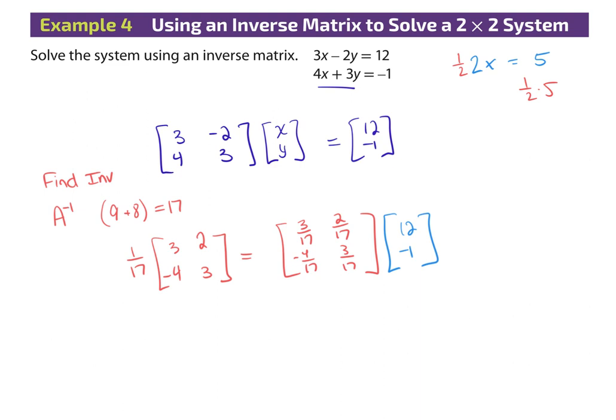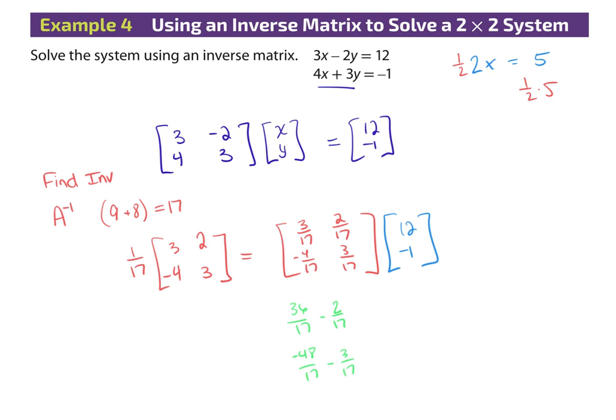So we're going to do row by column here, right? So we're going to say 3 times 12, 2 times -1, right? And that's my first. And then we're going to say -4 times 12, and then 3 times -1. All right.